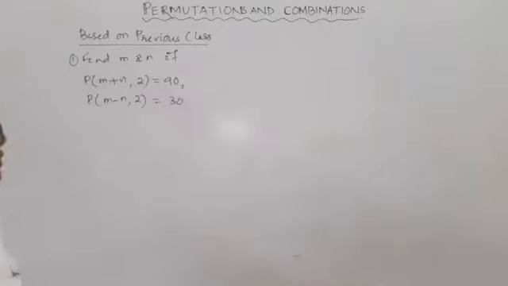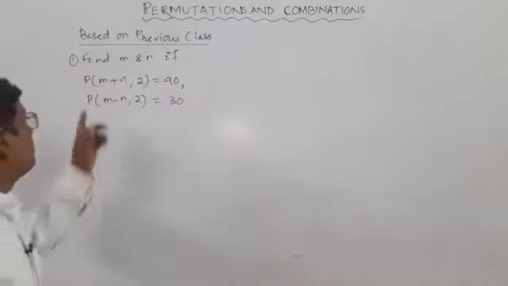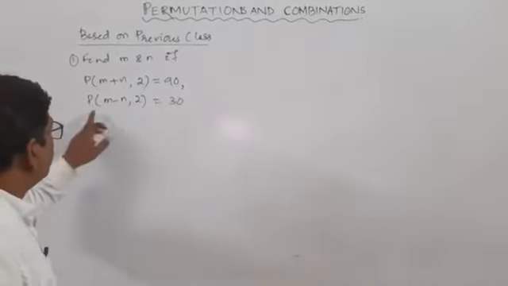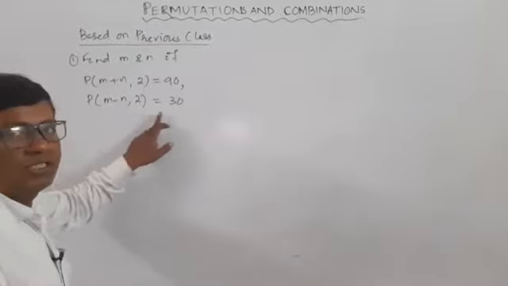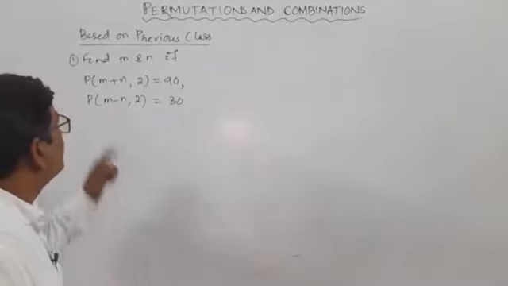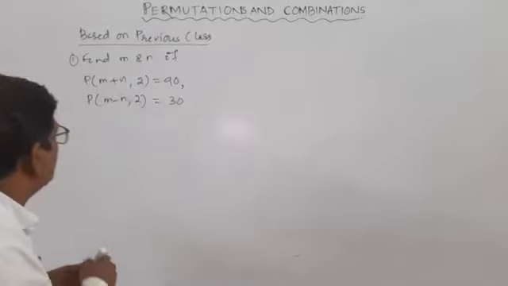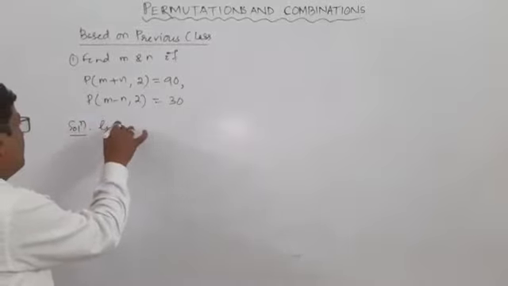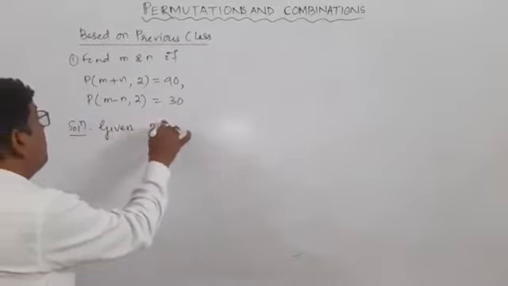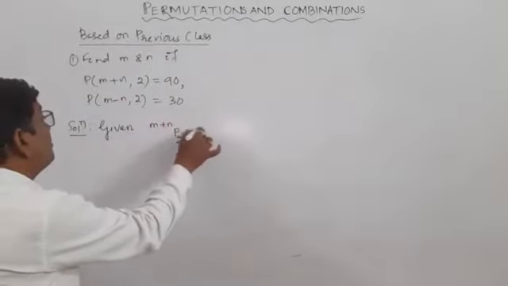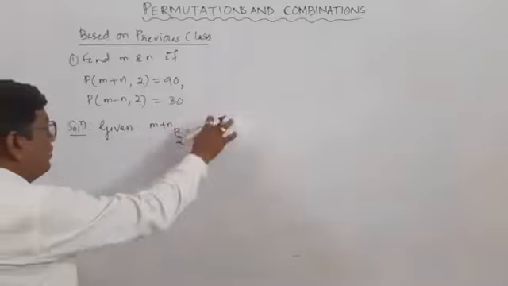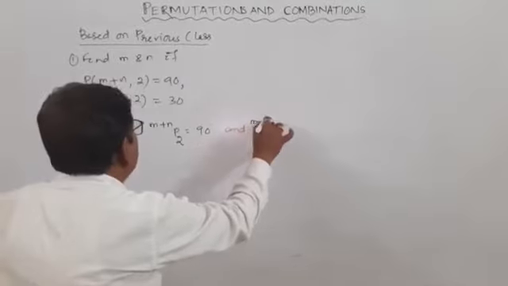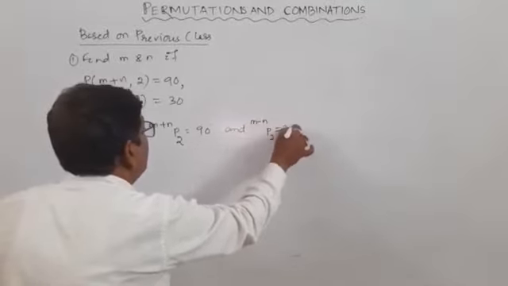Find m and n if P(m+n, 2) is equal to 90 and P(m-n, 2) is equal to 30. Solution: according to the question, P(m+n, 2) = 90 and P(m-n, 2) = 30.